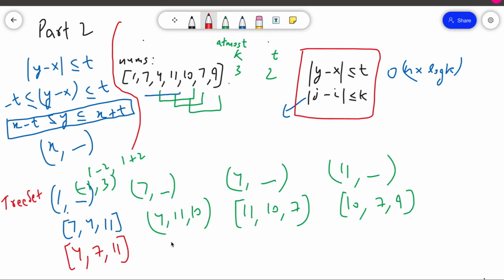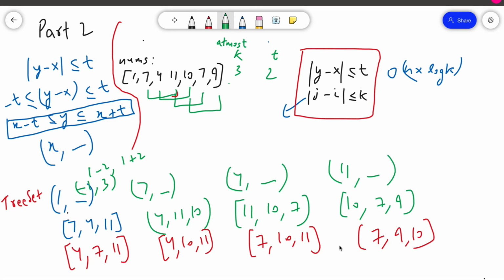For this case also it will store the numbers in sorted order, 4, 10 and 11, and for this again it will store 7, 10 and 11, and for this it will store 7, 9 and 10.